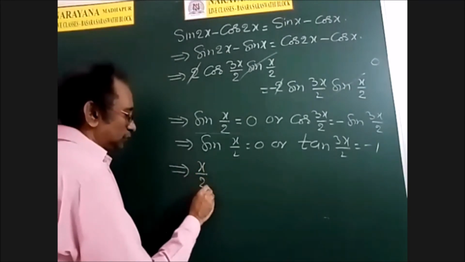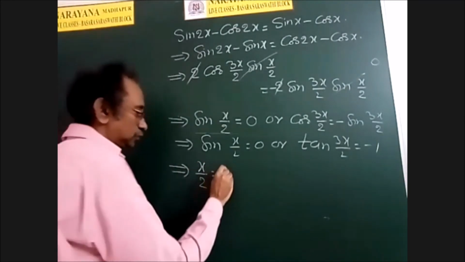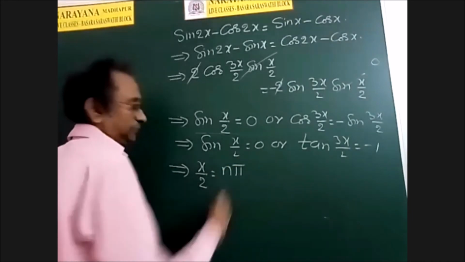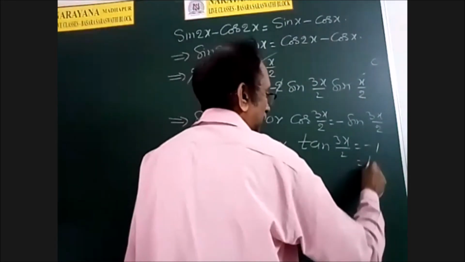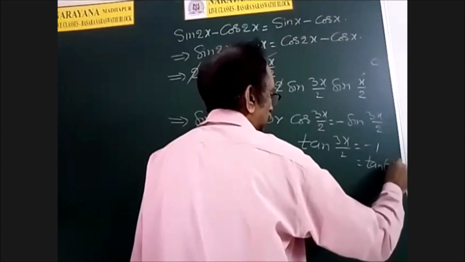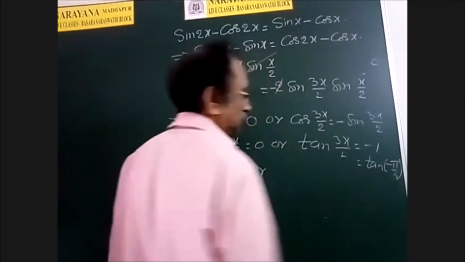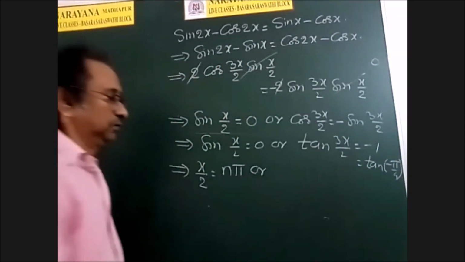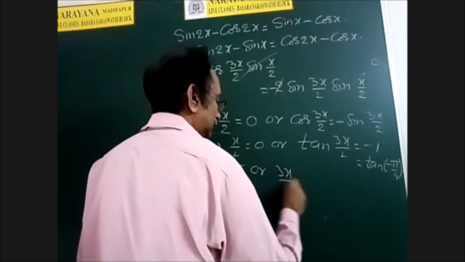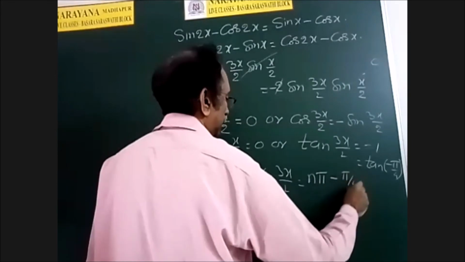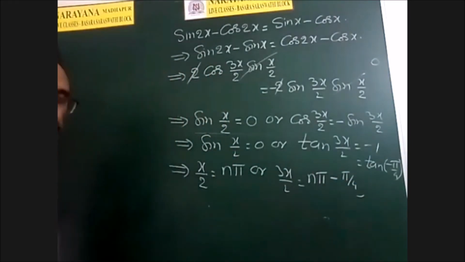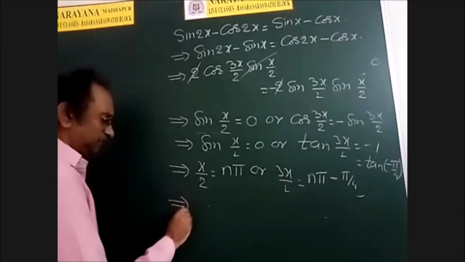Sin theta is equal to 0, so x by 2 is nothing but n pi. Or, what is the principal solution for minus 1? Minus pi by 4. Therefore, 3x by 2 is equal to n pi plus minus pi by 4, n belongs to Z.